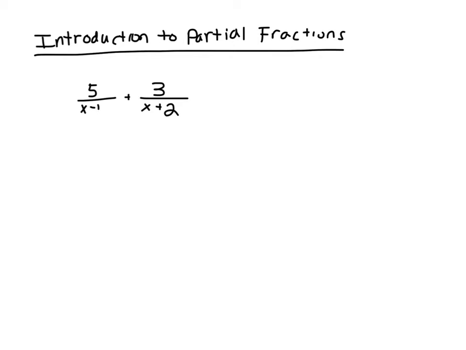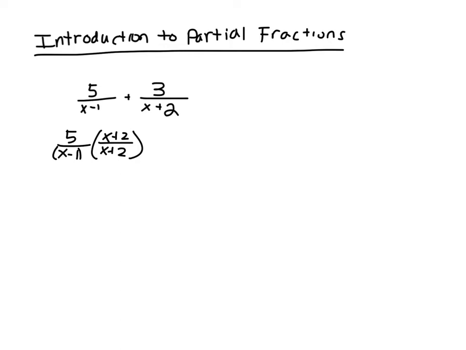Okay. So say I had what I see here, and I need to add these two together to make one fraction rather than having two, like you see here. To do that, I would look for the least common denominator. So I would take 5 divided by x minus 1, and multiply that by x plus 2 over x plus 2.